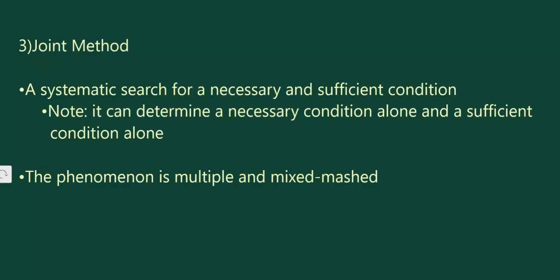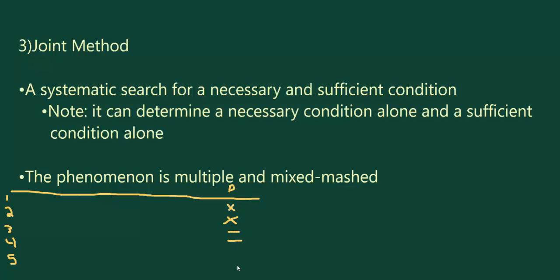So in order to employ the joint method, we need multiple cases: 1 case, 2 cases, 3 cases, 4, maybe 5 cases, maybe more. And our phenomenon is going to occur in some of those cases, but not other ones.